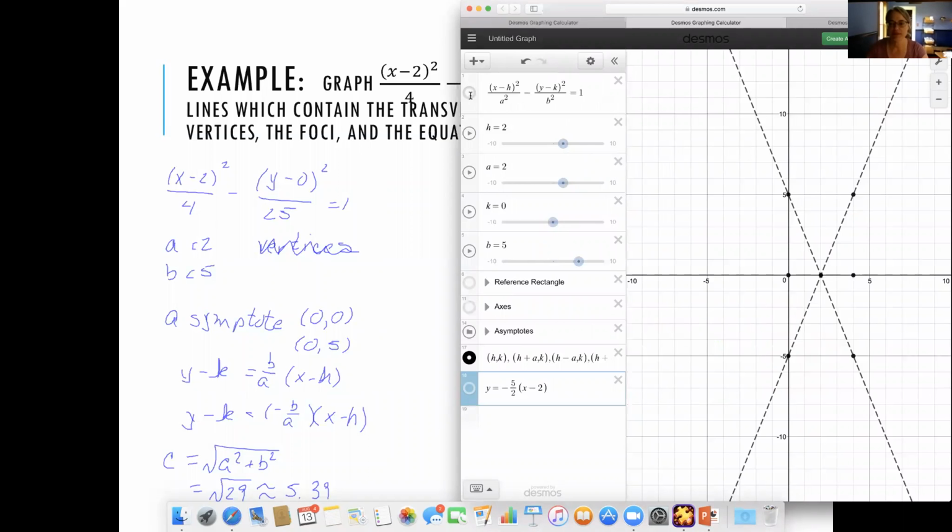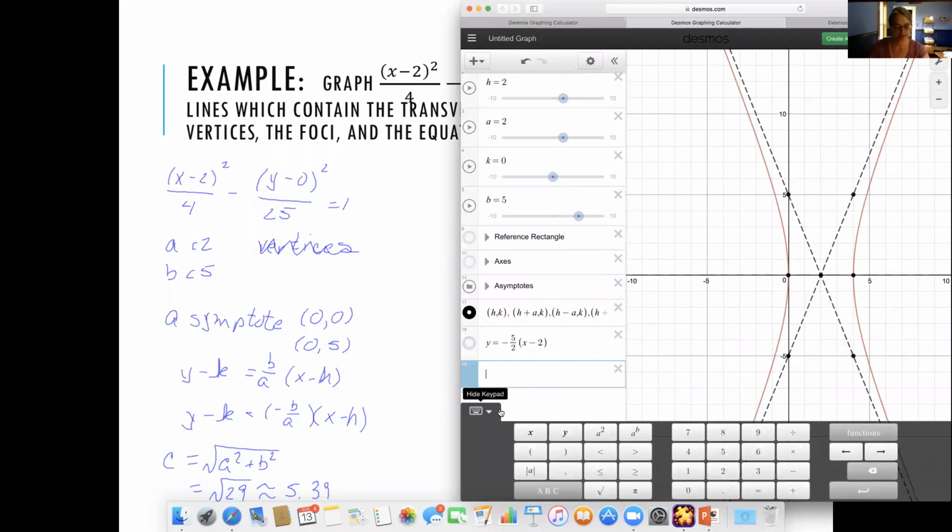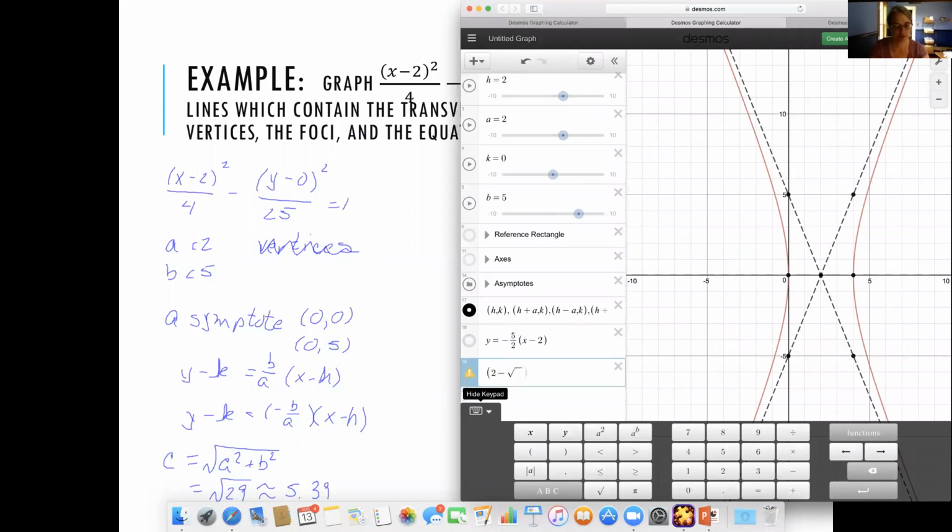Here is my hyperbola. Let's put in the foci just so you can see where those live. That's going to be at 2 minus the square root of 29, 0, and 2 plus the square root of 29, 0.